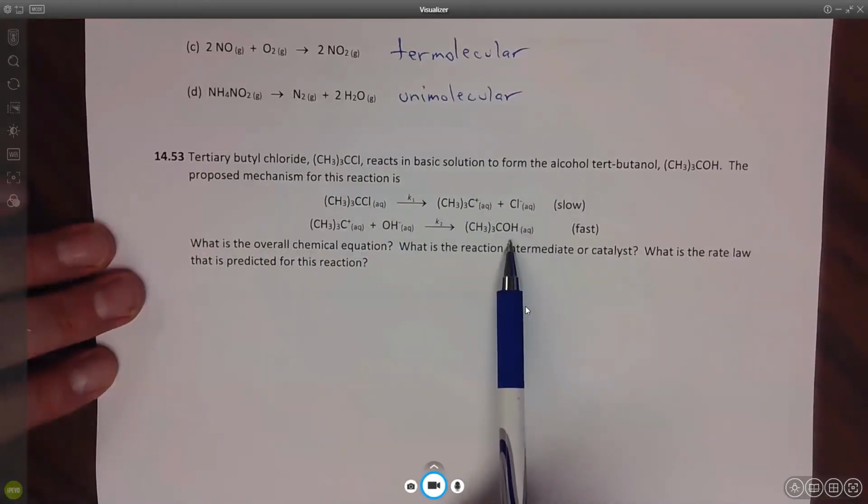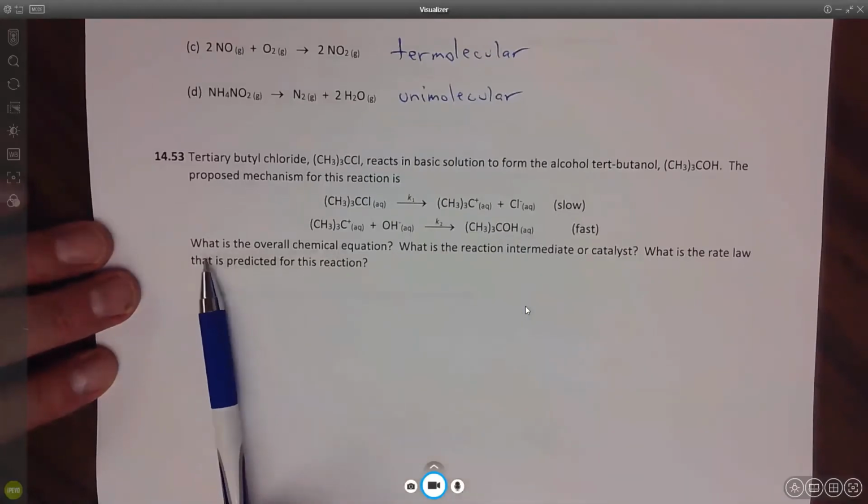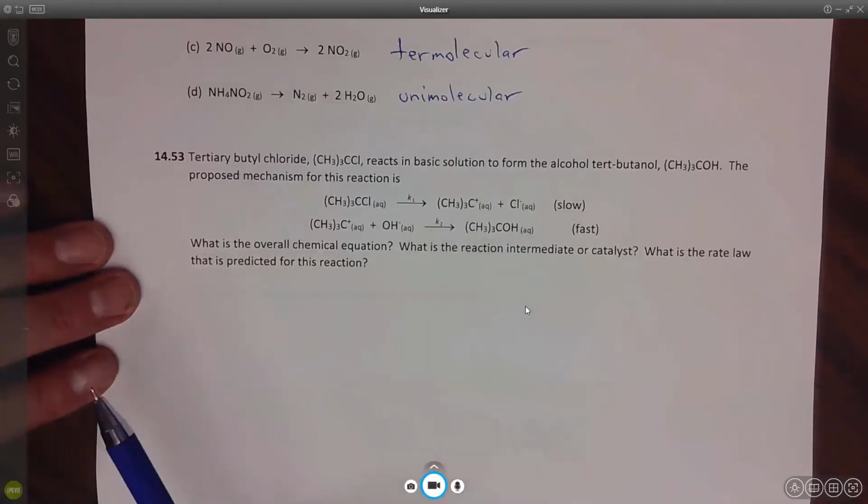First, it wants to know, what is the overall chemical reaction? How do I determine that? Michael, what do you think? How am I going to determine the overall chemical reaction? What would I need to do?